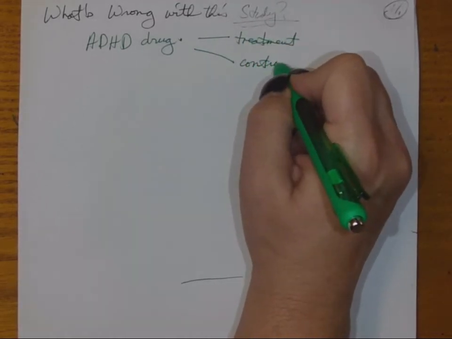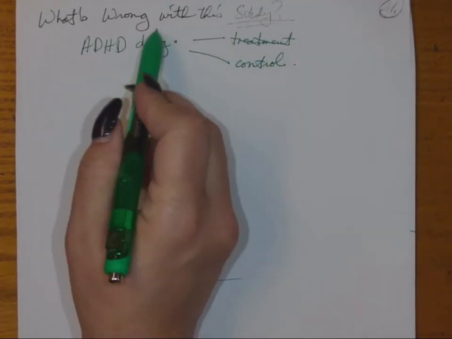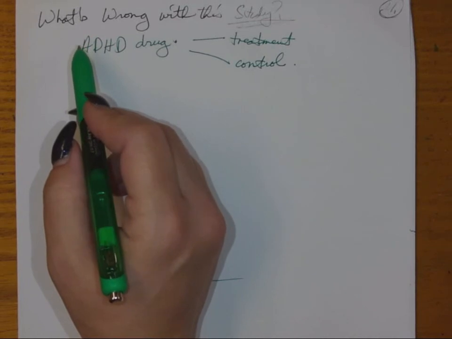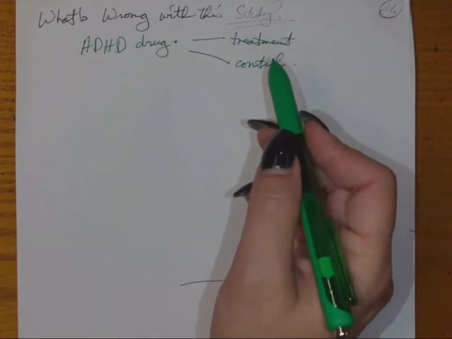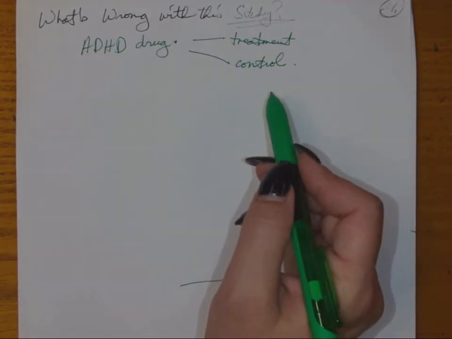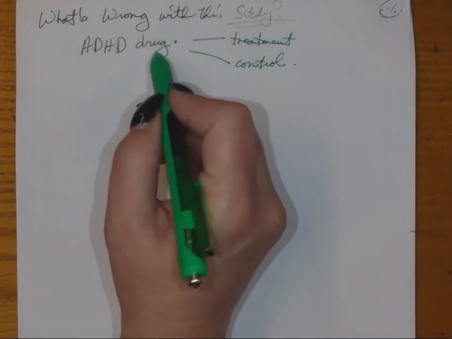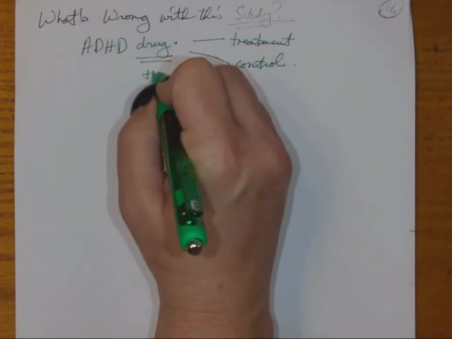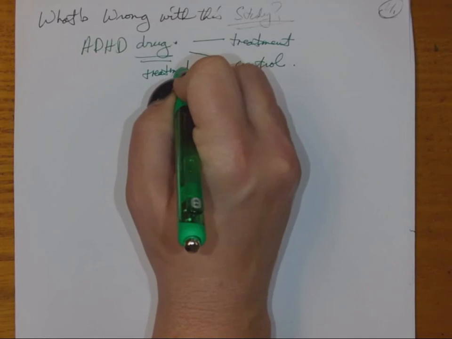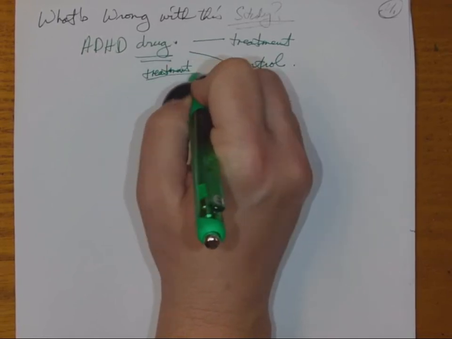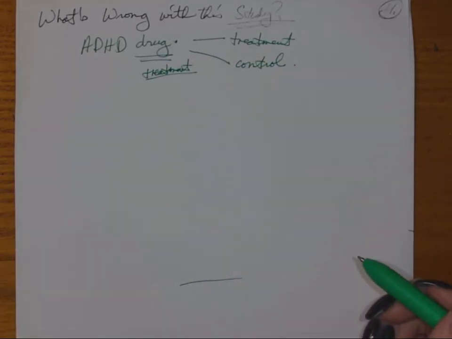Okay, so far sounds good. My sample comes from kids who have ADHD. I've got 2 different groups of them. One's going to get a treatment, which is going to be my drug, right? The drug is going to be the treatment. And the other group is going to get a placebo. That's what control means. Okay?